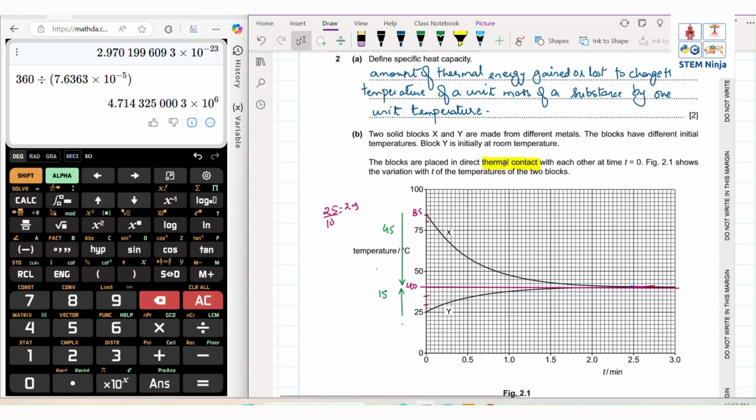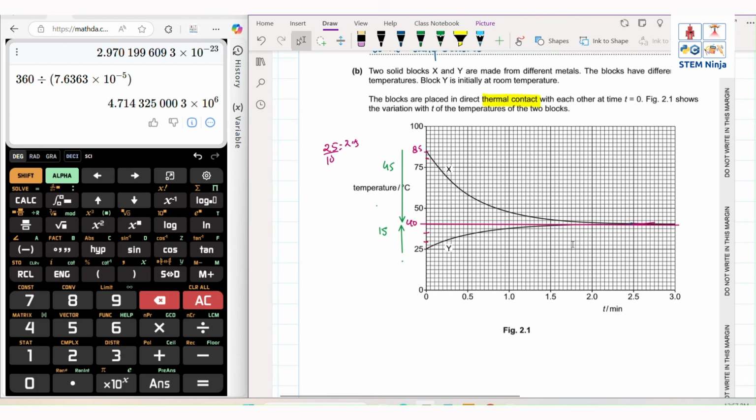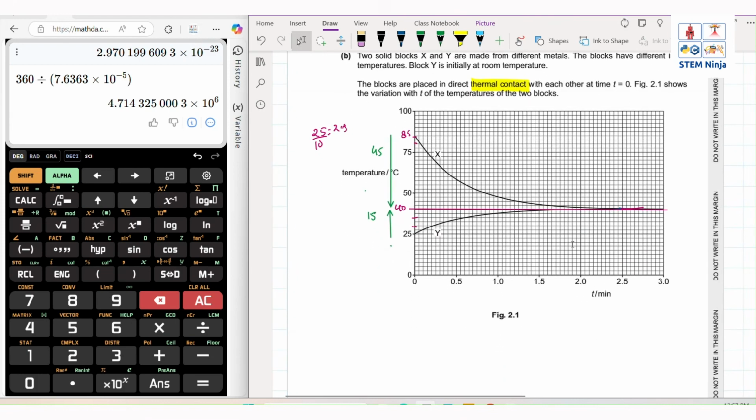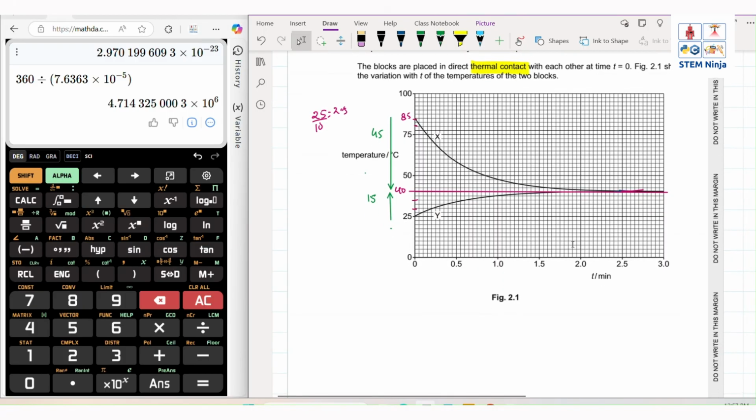Not bad. Right. So this is simply an observation. This is not a conclusion yet. So what we can deduce from this is the fact about the thermal capacity or heat capacity. So we know the energy equation Q is equal to mc delta theta, which can also be written as Q is equal to C delta theta, where C is the heat capacity, not the specific heat capacity or thermal capacity.